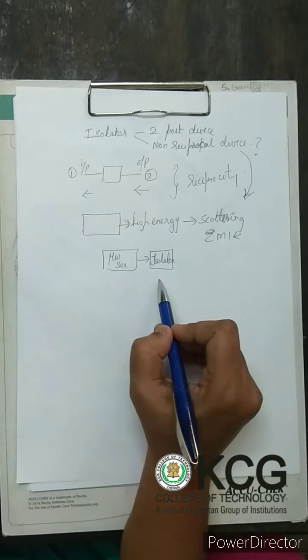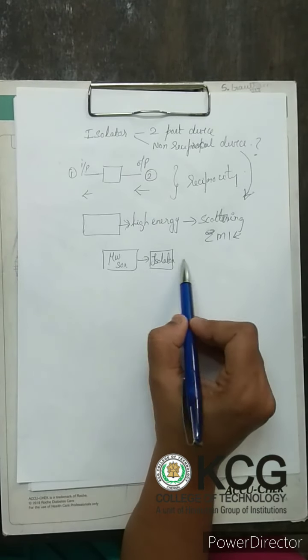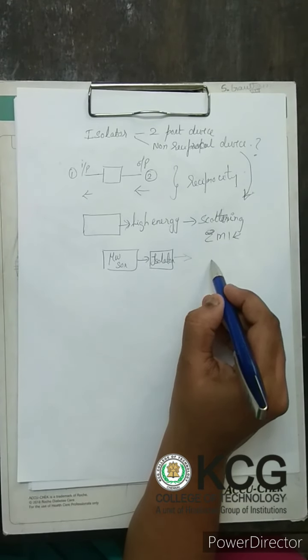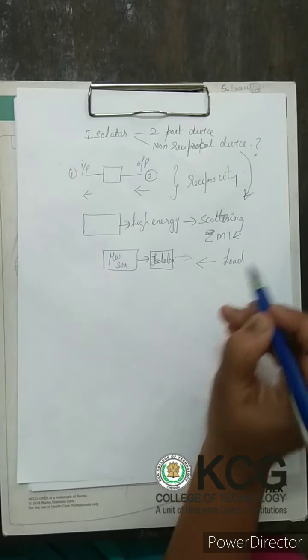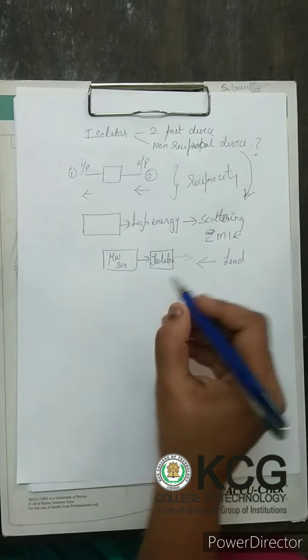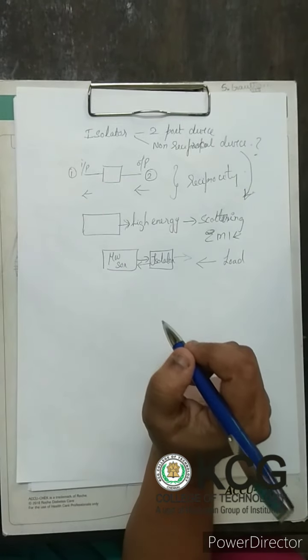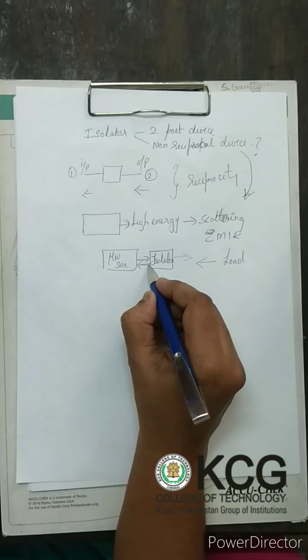As we know, an isolator is a non-reciprocal device. Whatever you give at port 1 comes out through port 2, and any reflections coming from the load will not reach your microwave source. Thereby the microwave source condition is maintained.